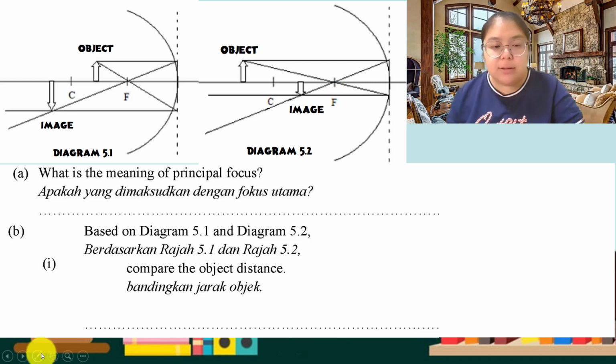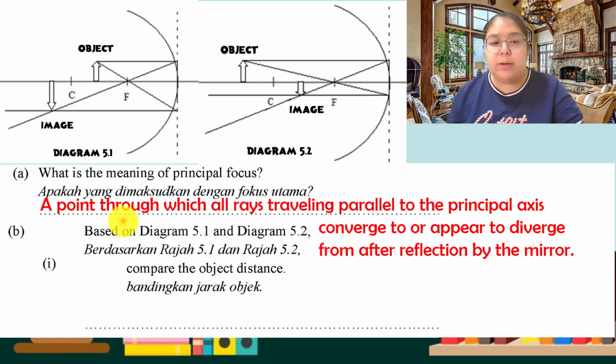Let's see the full sentence: a point through which all the rays traveling parallel to the principal axis, when they are very far, converge to or appear to diverge from after refraction by the mirror. That point we call principal focus.